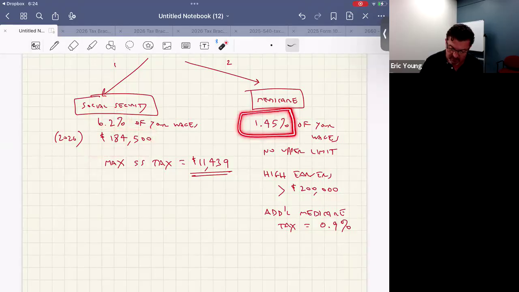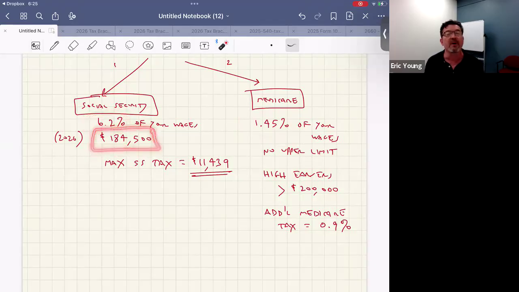You'll pay 1.45% on the full salary. If you make, let's say, $300,000, you'll only pay 6.2% on $184,500. You'll pay 1.45% on the full $300,000, and you'll pay 0.9% on the $100,000 that exceeds that threshold.